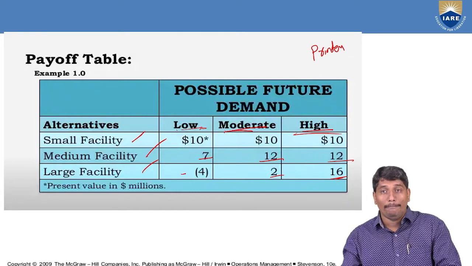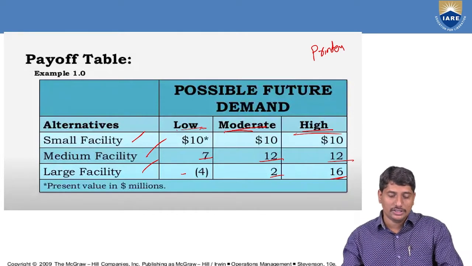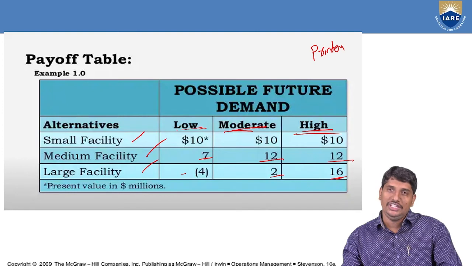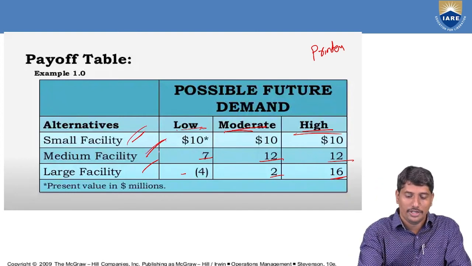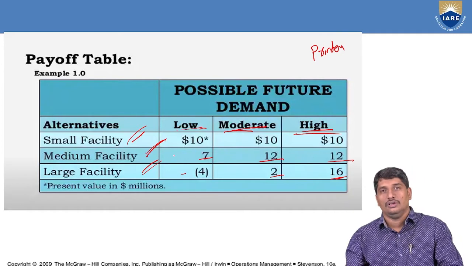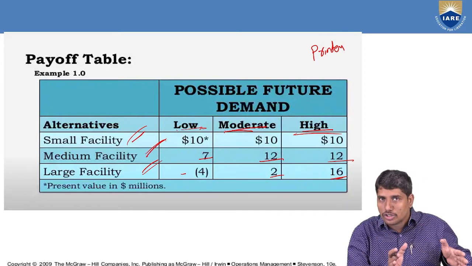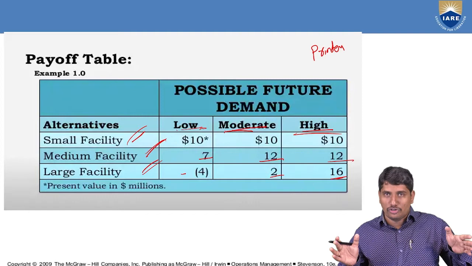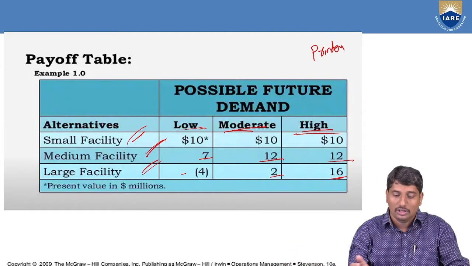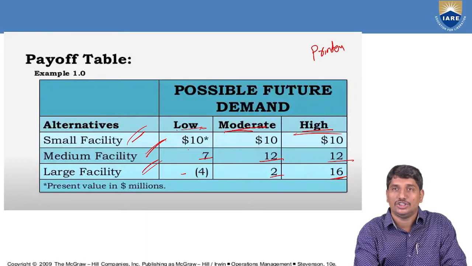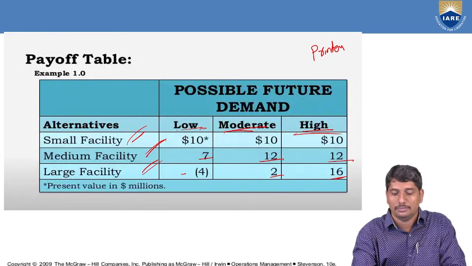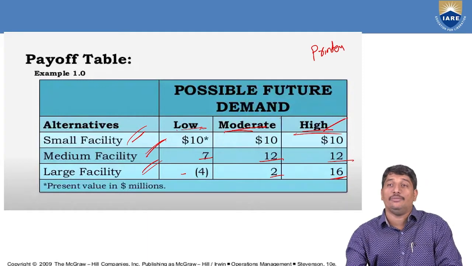Now these are the figures associated with each decision. Decision means whether to buy a small machine or medium machine or large machine, whether to buy a small Xerox machine or moderate Xerox machine or big Xerox machine. And our uncertain situations are low demand period, moderate demand period, high demand period.